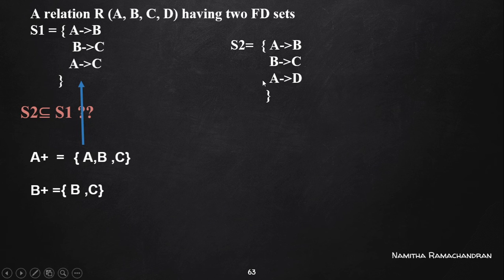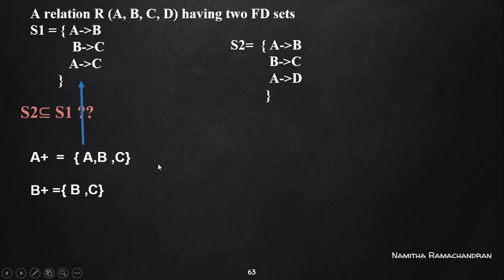But here we have one more dependency starting with A, A implies D. The absence of D in this A closure makes it clear that we can't derive this dependency using the dependencies listed in S1.